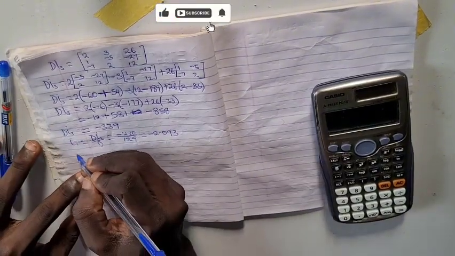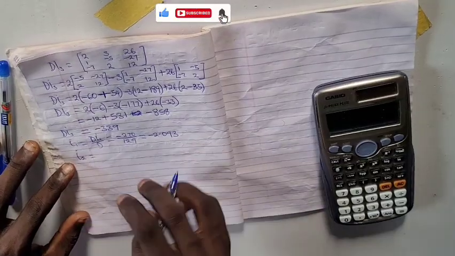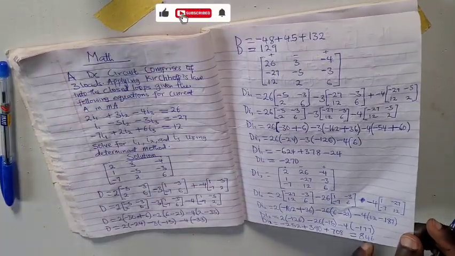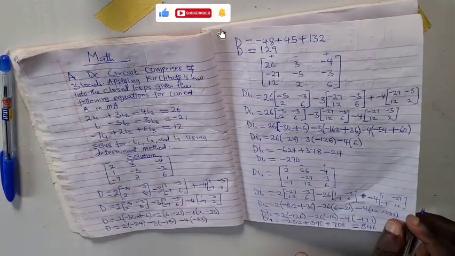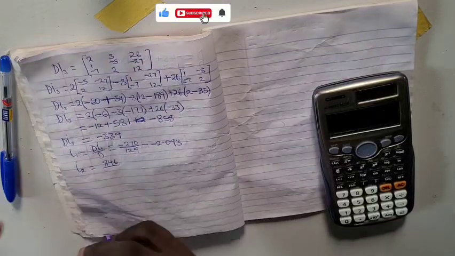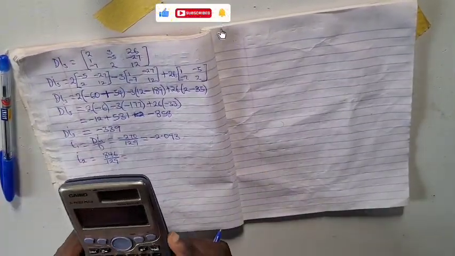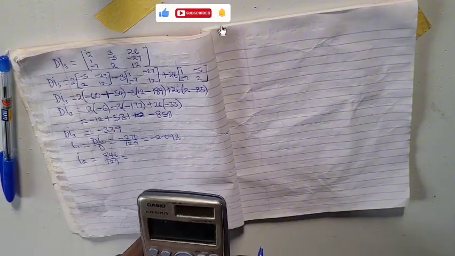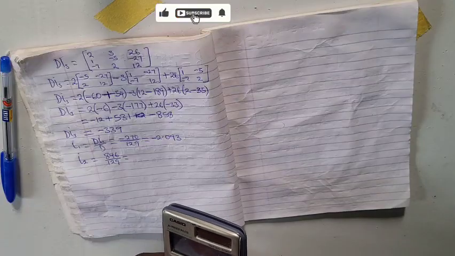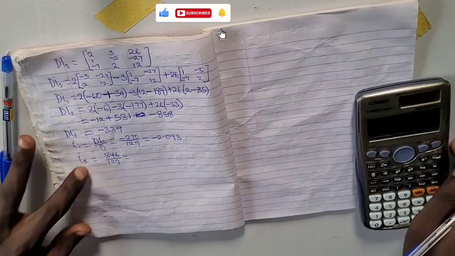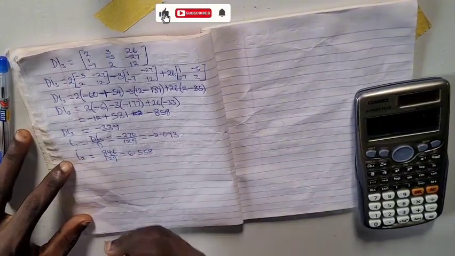Okay. So for I2 now, I2 equals the determinant of I2, which is 846, over the general determinant, which is 129. So we have 846 divided by 129. So I have 6.558. Okay.